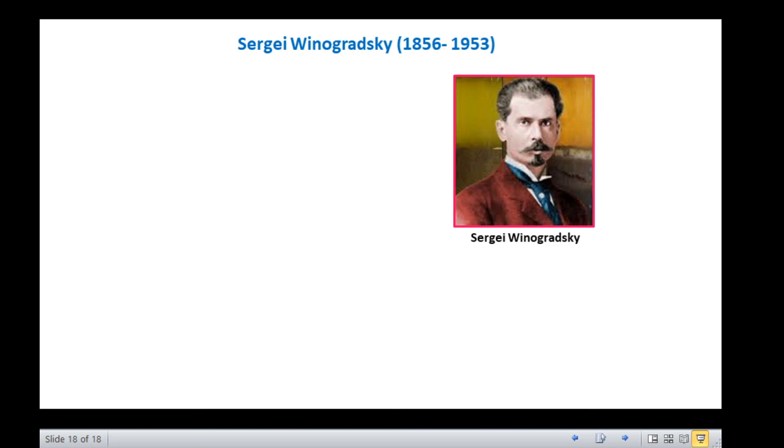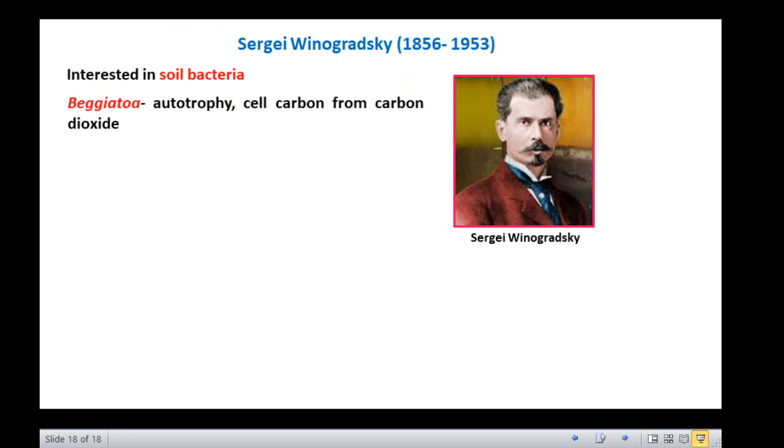Sergei Winogradsky was interested in soil bacteria, and when working with Beggiatoa, a sulfur oxidizing bacterium, he discovered that it obtained its cell's carbon from carbon dioxide. He used the term autotrophy to describe this particular property, a radical idea at that time and one not readily accepted by other microbiologists.